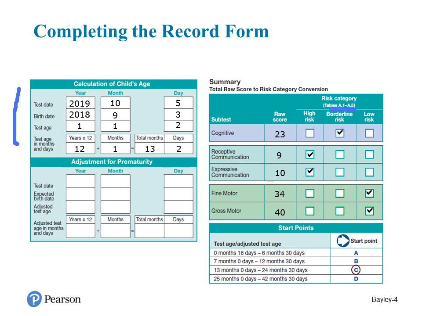Up here, it might be hard to see, tables A1 through A5, cognitive and A1, receptive communication and A2, and so on. And you'll identify the raw scores for each of your 5 subtests, and then you'll find the column that includes that cut score. So let's say I'm working with a child who's 13 months and 2 days, whose cognitive raw score is 23.